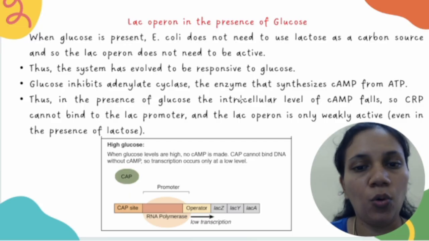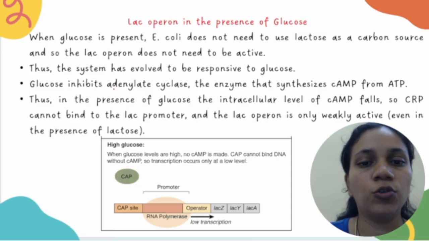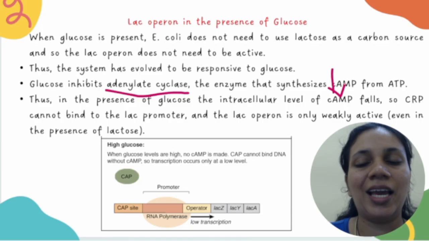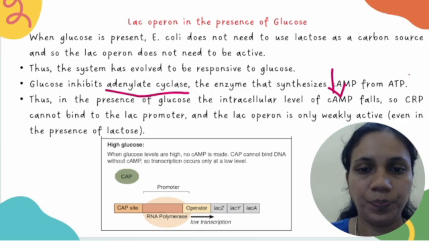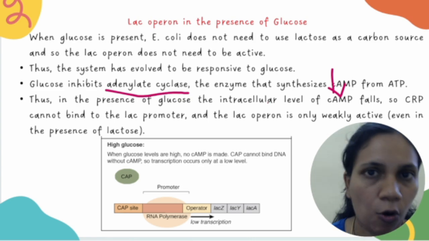We already know that when glucose is present in higher amount, it is going to block the enzyme adenylate cyclase, right? As a result, there will be reduction in the production of cyclic AMP from the ATP. So in presence of glucose, the intracellular levels of cyclic AMP are going to fall.